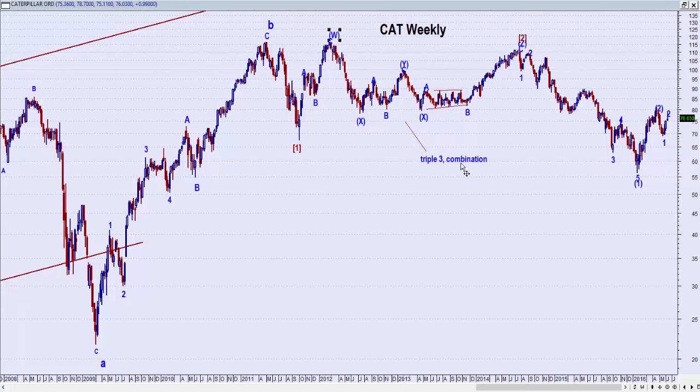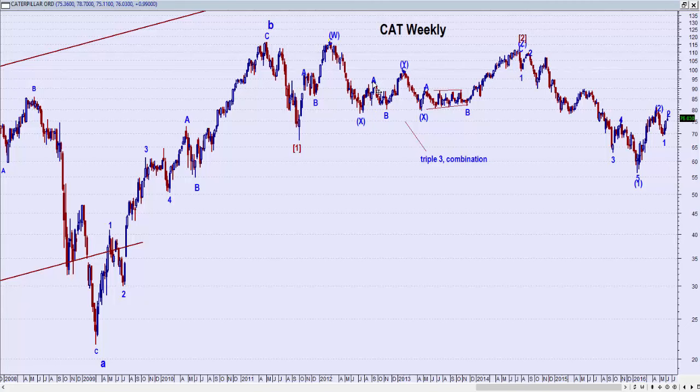There's a double combination and a 3-3 combination. The reason we call this combination is because sometimes corrective waves become very complex and they combine. Instead of just getting a pure zigzag like wave W, like we have here, a zigzag in ABC, it combines and creates multiple patterns as it pushes sideways. So I think we got a zigzag W, we got an X, which is like a connecting wave.